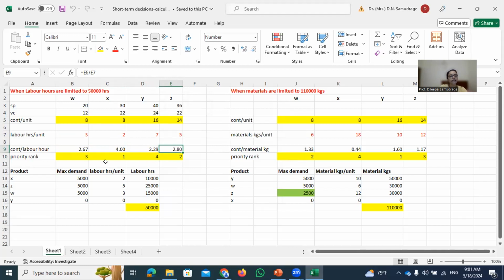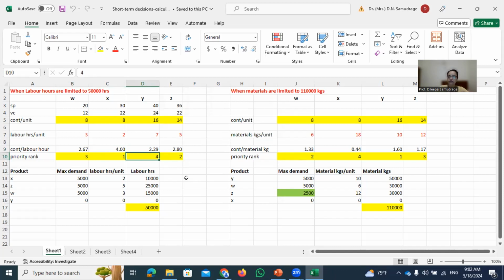You get 4 rupees per labor hour in X. So this is the highest contribution that you get. Therefore, you produce this one first, then secondly this, thirdly this, and finally this. Right? So you can see how you decide your priority ranking.